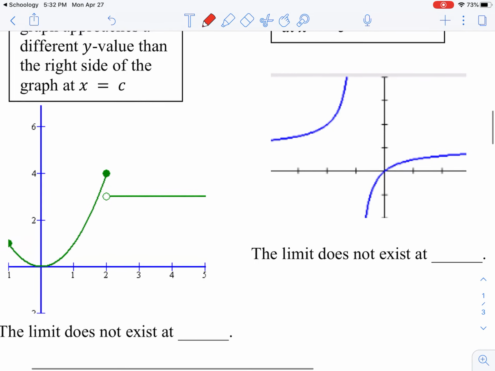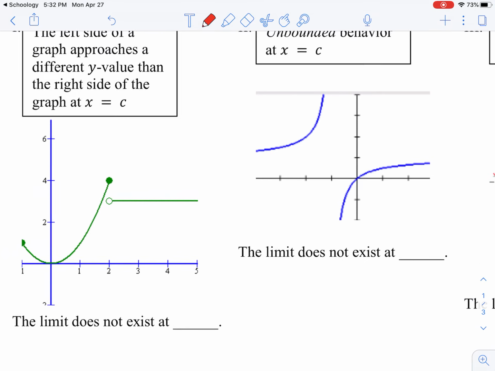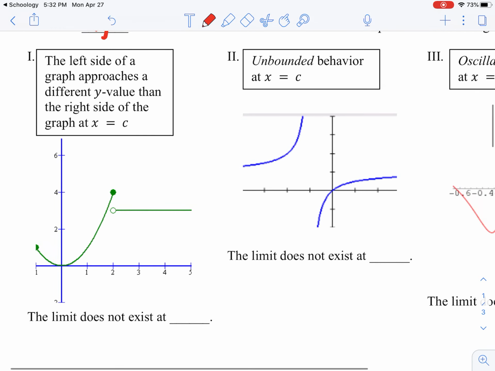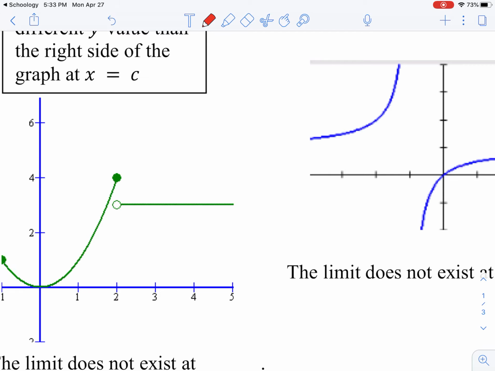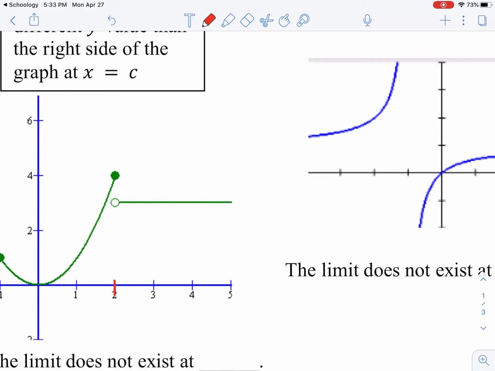So the first place a limit cannot exist, if you're looking at this, the limit does not exist at x equals 2. Why does it not exist at x equals 2? Because if you approach 2 from the left, the y value you're approaching is 4.